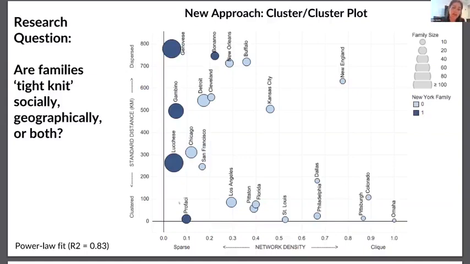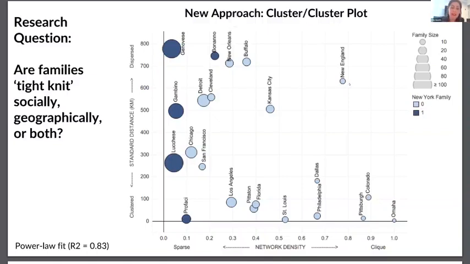The darker nodes here just mean that they are members of the New York families. We found that this fits with the power law. As the network is more dispersed, it tends to be less tight-knit. And as the network is more tight-knit, it tends to also be geographically clustered.